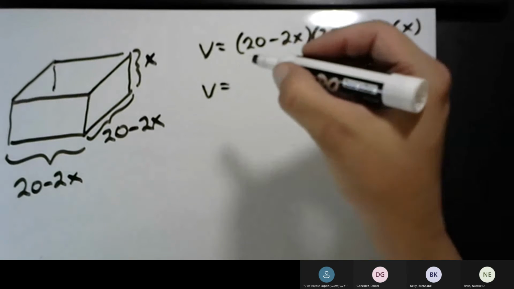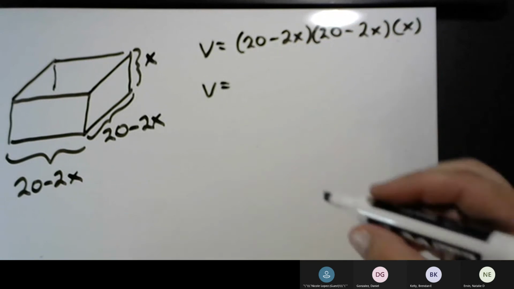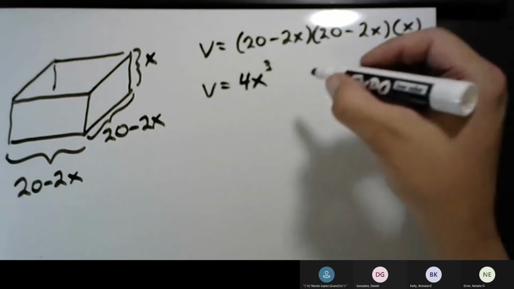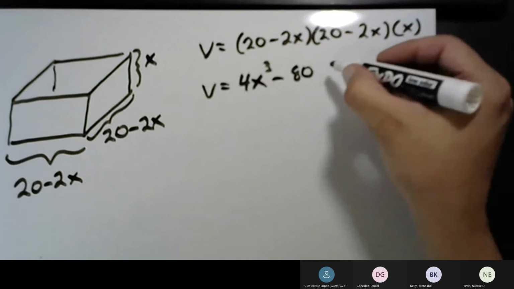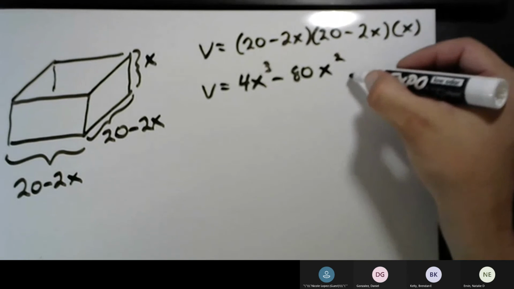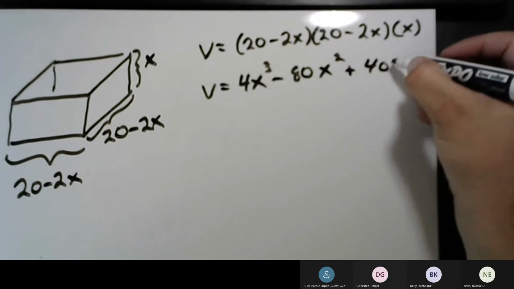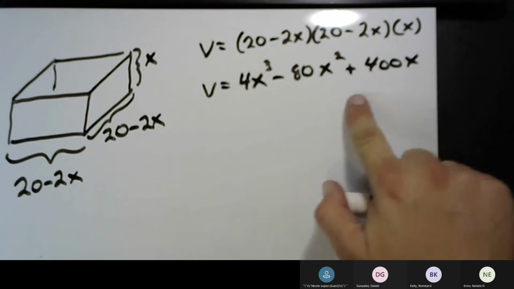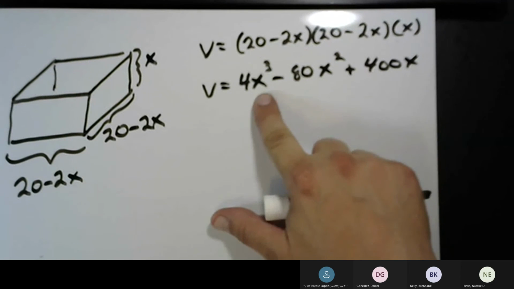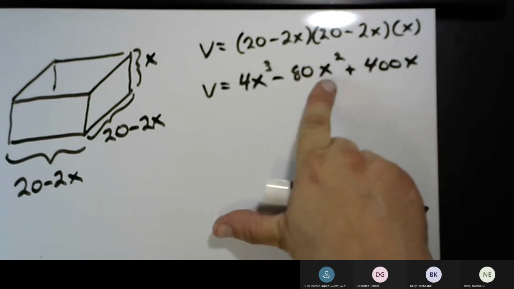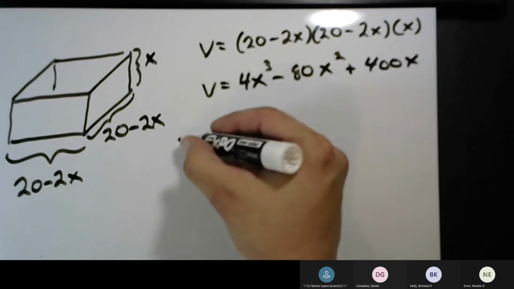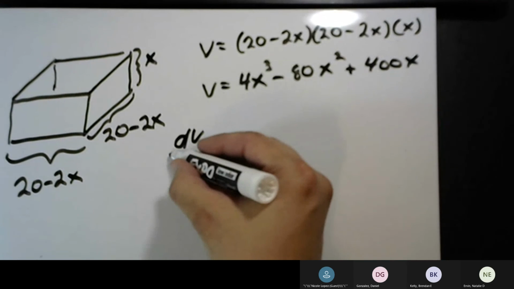If we simplify this down, we get 4x cubed minus 80x squared plus 400x. This is the volume as a relationship with x, the size of one of the sides of the squares that we cut out.